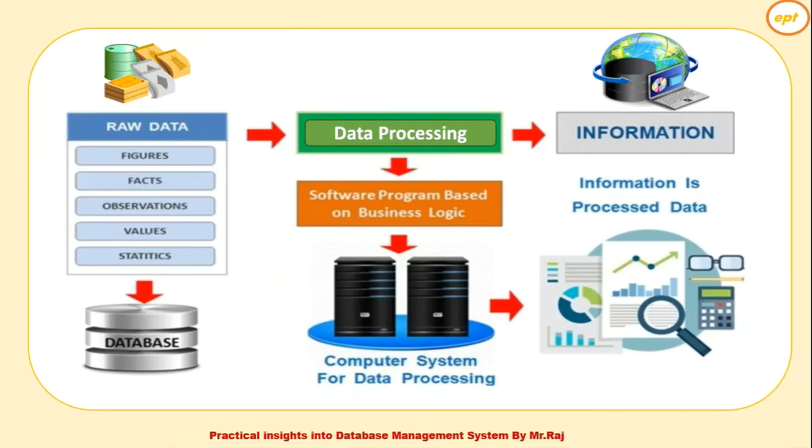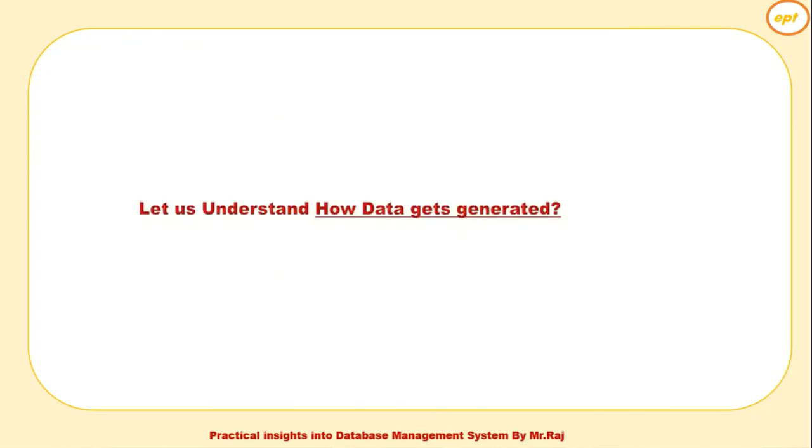Based on the business that you are working in, you will be writing some business logics, some validations, or some programs. Using that program, you will be converting raw data into information. When you have information, it will be really useful for taking any kind of business related decisions. Okay, getting it? All right, let's move ahead and understand.